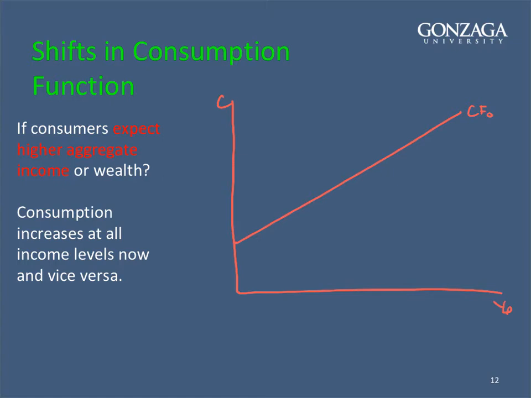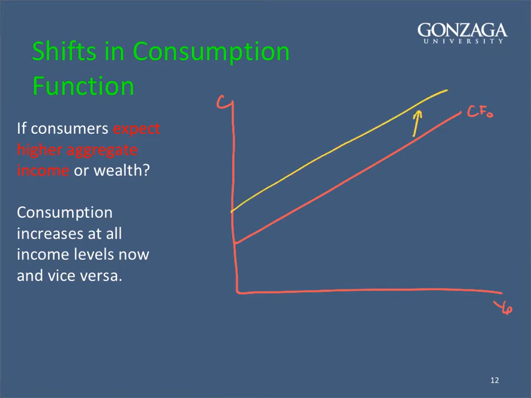In both cases, if every consumer experiences this increase in income or wealth, maybe we expect a super strong economy coming up, people are going to be more comfortable spending today. They're going to increase consumption, increase spending, and save less today. So what that's going to do to our consumption function is cause it to shift up.